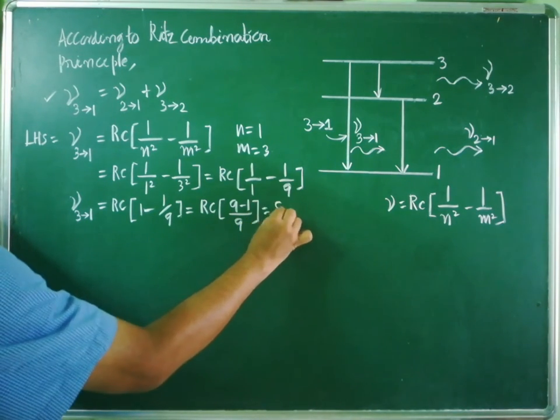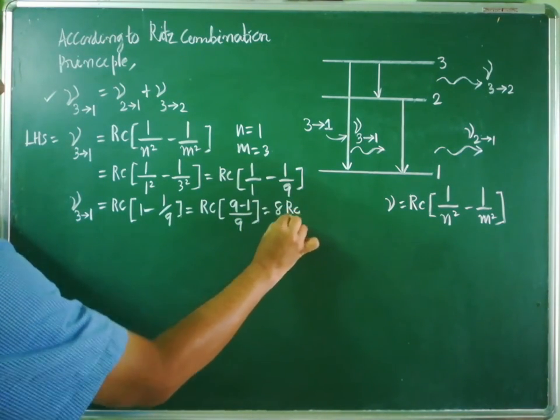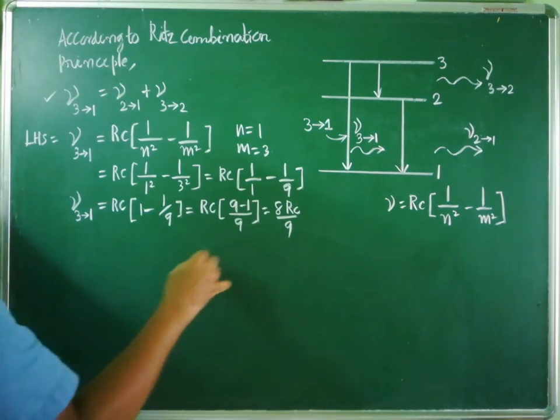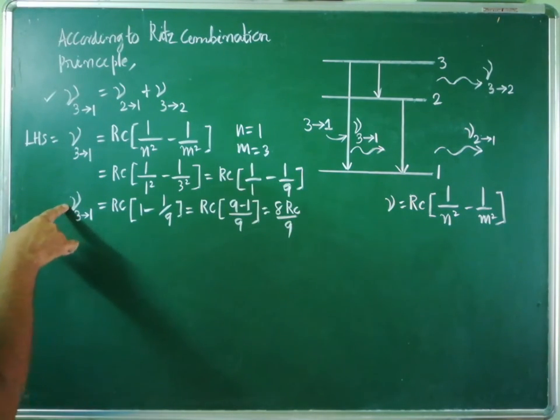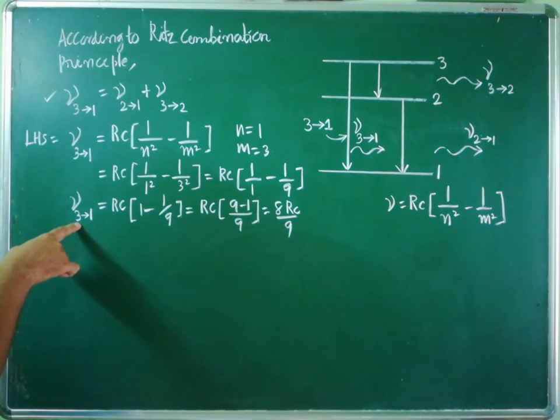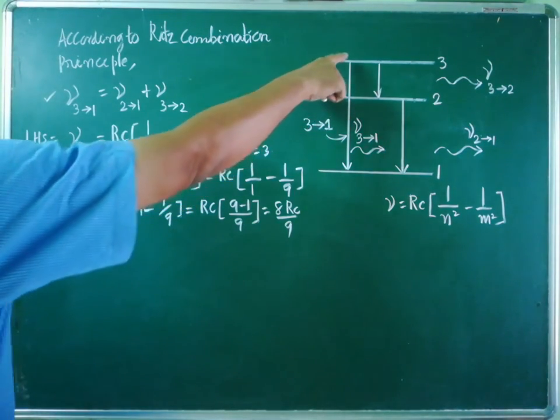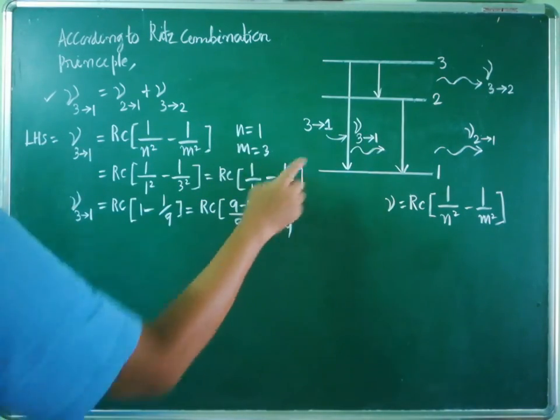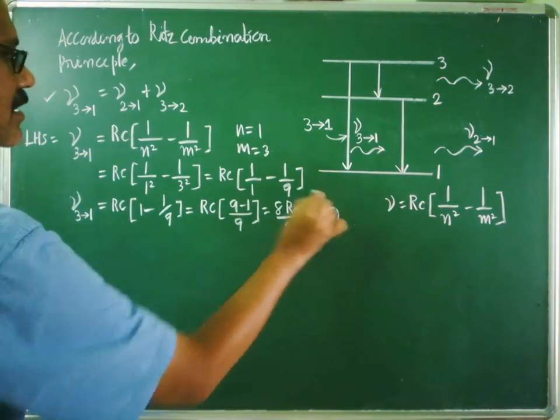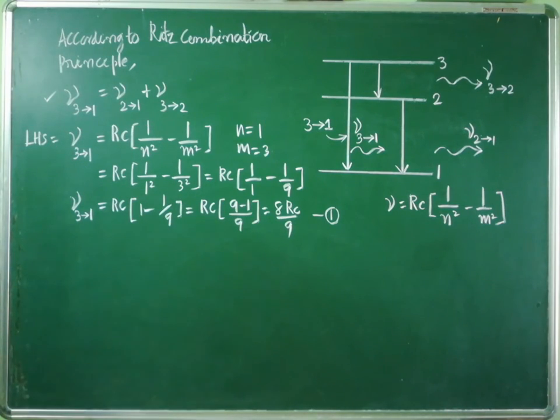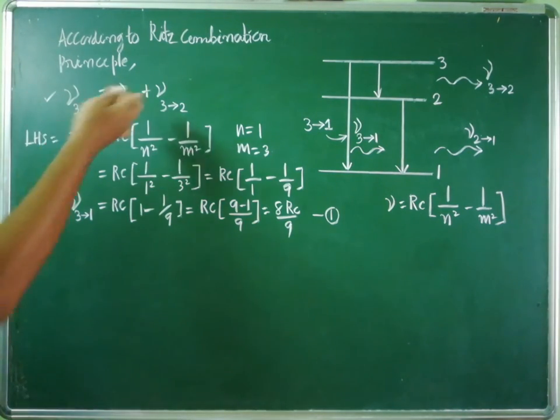So finally you get 8 RC divided by 9. This is the expression for nu 3 to 1, the frequency of the emitted radiation when the transition takes place from 3 to 1. This can be written as the first equation.